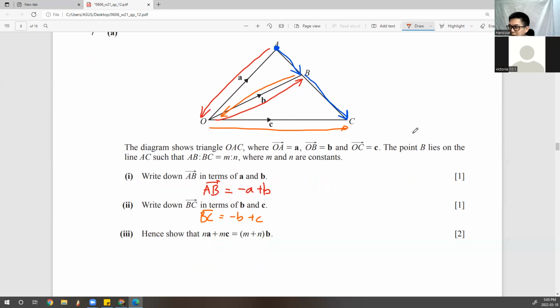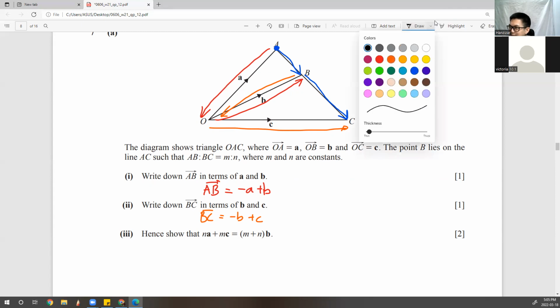Now, how do you know if it's negative? When it is backwards. See, b is from O to B. When you go from B to O, just switch the order. When you switch the order, you switch the sign as well. So let's say this is a, then negative a will be here, in the opposite direction.